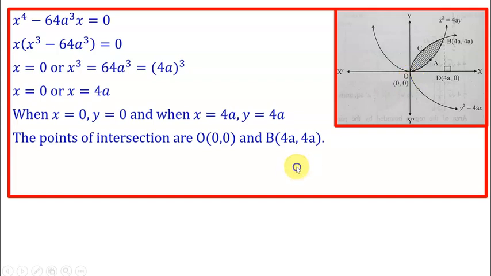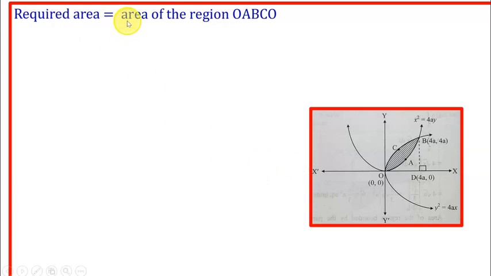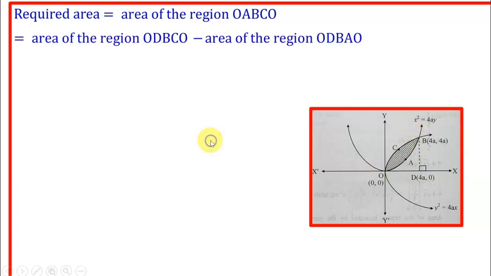Now one of the important things here is that the required area is equal to the area of the region OABCO. That is the area of the region ODBCO minus the area of the region ODBAO.